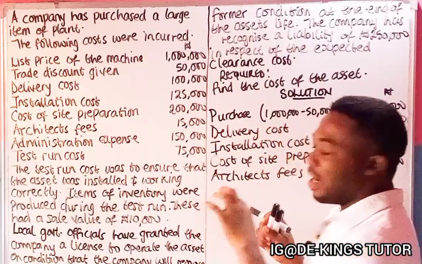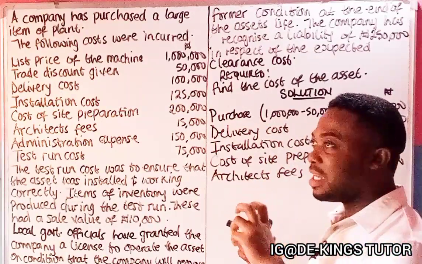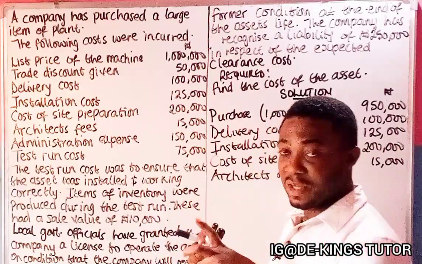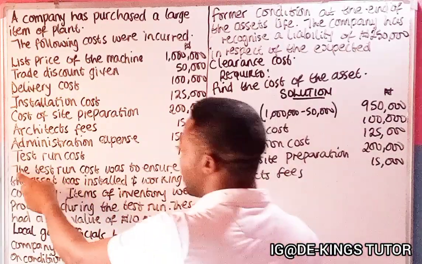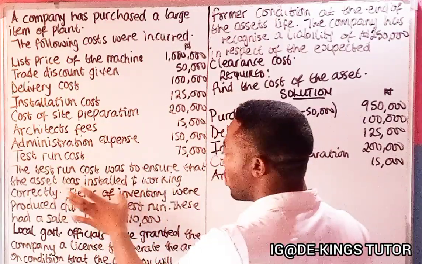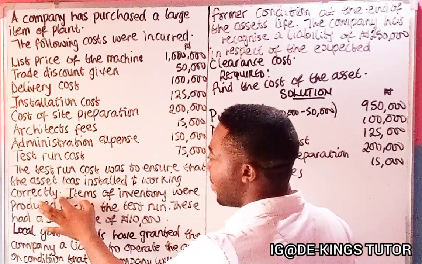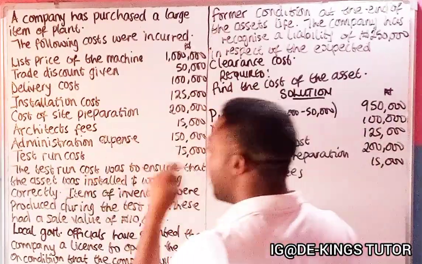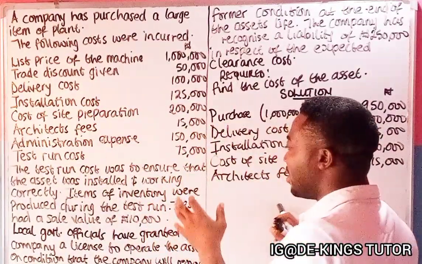Now, but remember, while we were given the criteria, we said the test run cost is recorded net of sales proceeds. Okay, so if you check in this question, it said the test run cost was to ensure that the asset was installed and working correctly. Okay, that is to test the asset if it is running correctly.